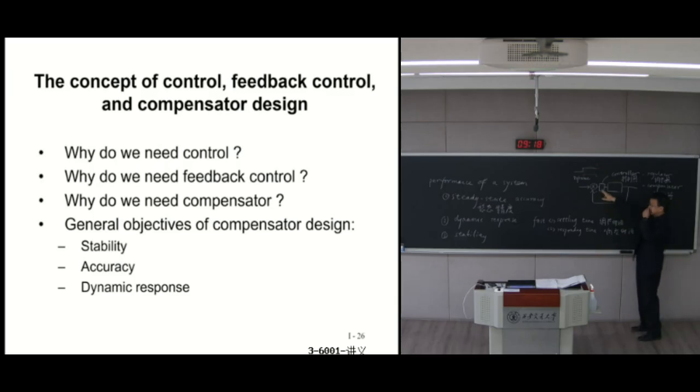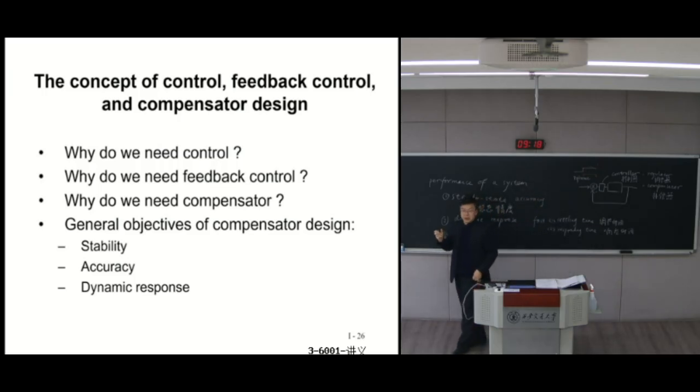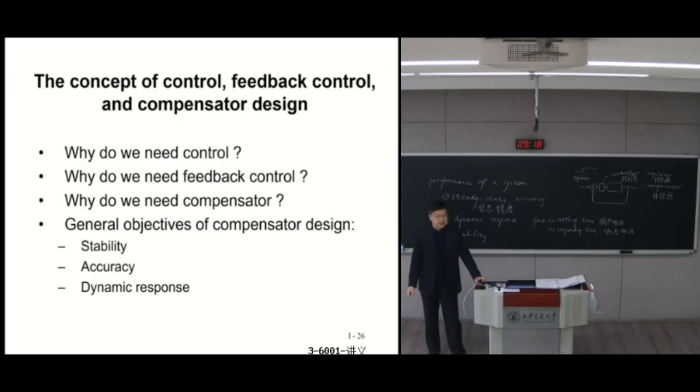We use a compensator, controller, or regulator in the system to redesign the performance of the system. By changing or designing the structure and the parameters of this controller, regulator, or compensator, we are able to change the performance of the system in these three aspects.